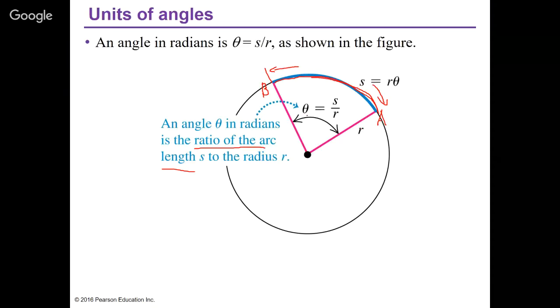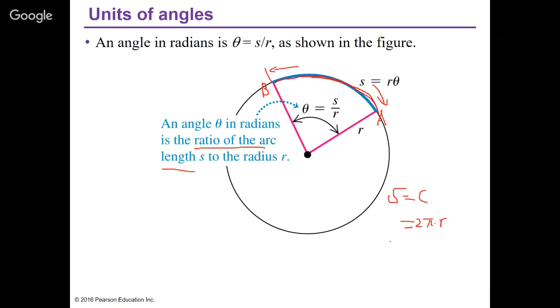Okay, and under this definition, theta has a unit of radian. As you can see, for a full revolution, the arc length s, which is the circumference, equals 2 times pi times r.